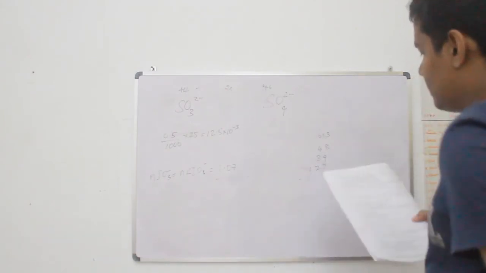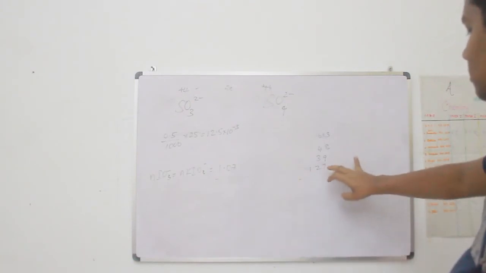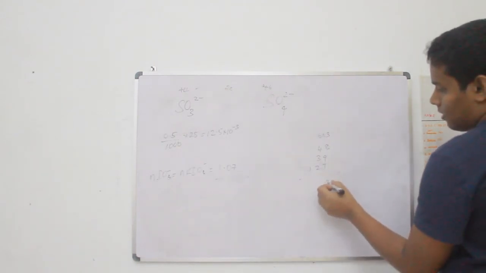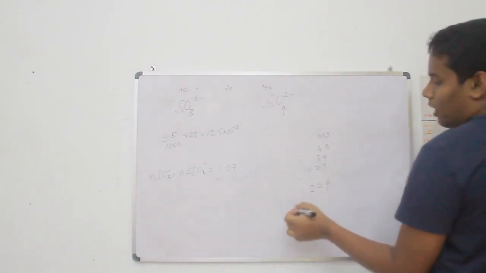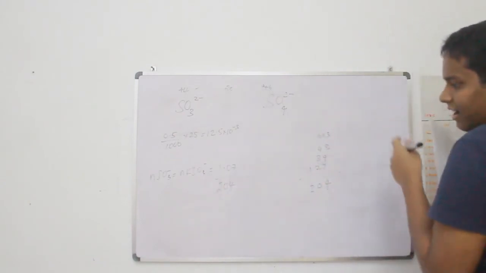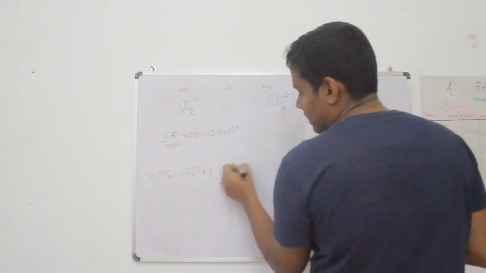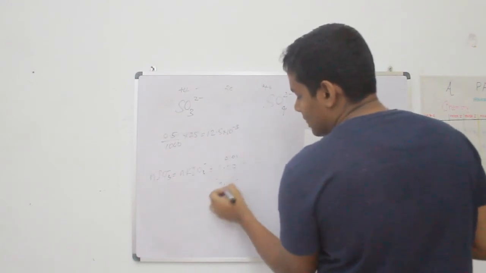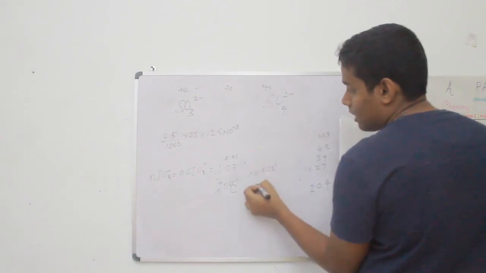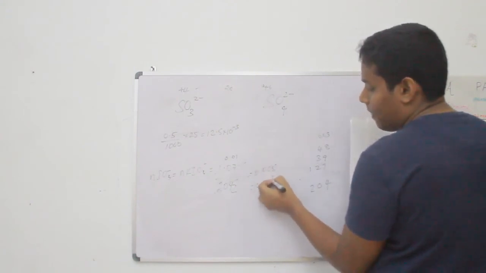If you add these, this is 214. So 1.07 divided by 214 is 0.005, that is 5 into 10 to the power minus 3.